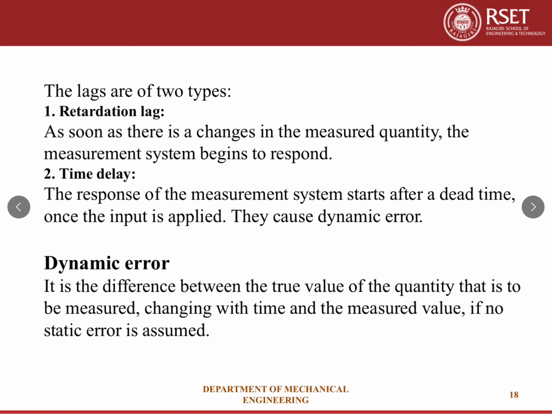Then dynamic error is the difference between the true value of the quantity to be measured, which is changing with time, and the measured value. The quantity's input is dynamic, so its value is changing.